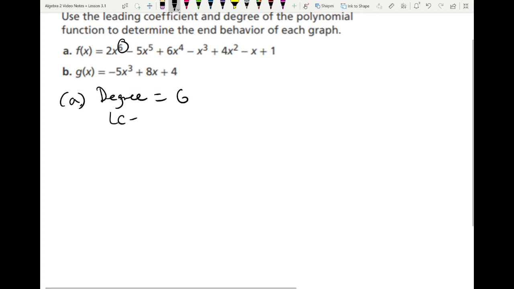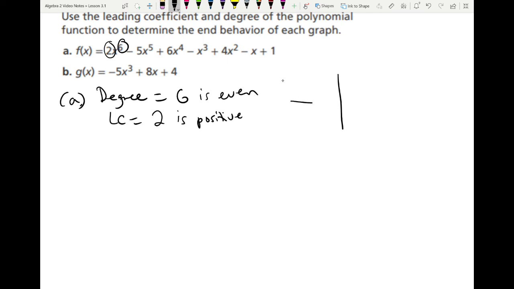The leading coefficient is 2, which is positive. And the degree of 6 is even. So we have even degree, positive leading coefficient. Therefore, the pattern is going to look like it's going up, up, like that.